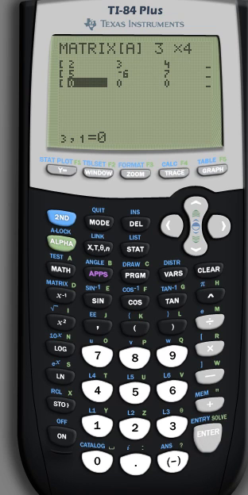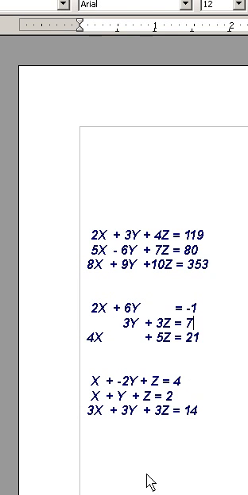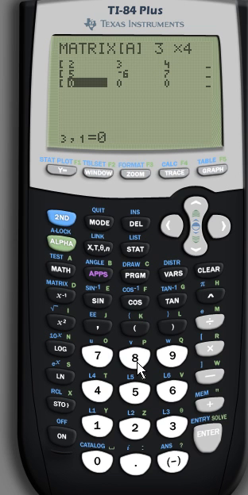Then we want to look at the third row. It's going to be 8, 9, 10, 353. So we got the matrix A in there.